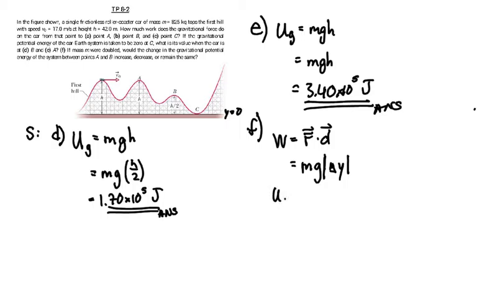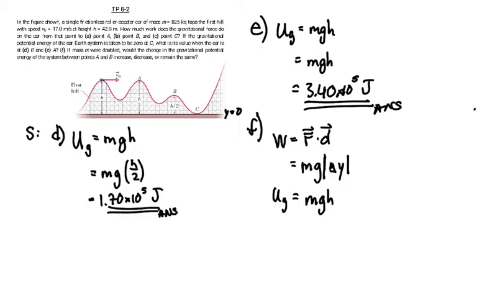Then we look at our gravitational potential energy, and that is mgh, where h is the initial minus final, the positive change in height. Okay, so if we take a look at both of our equations that we've used here, we have a mass term and a mass term. Both of our work and gravitational potential energy equations have a directly proportional relationship to the mass.